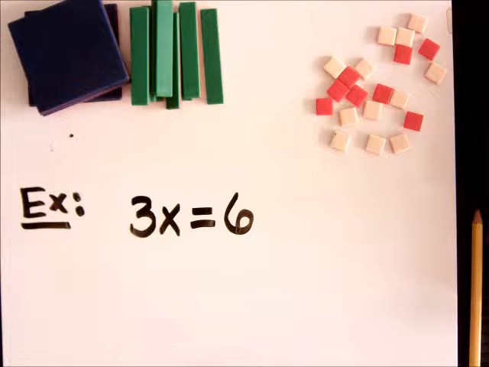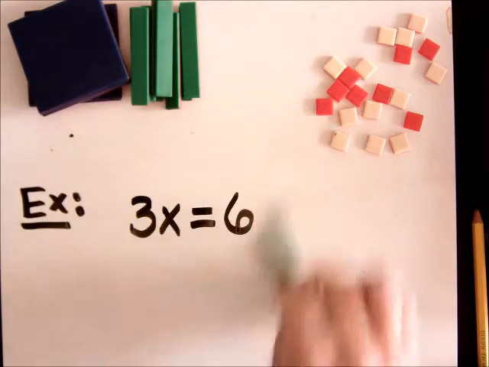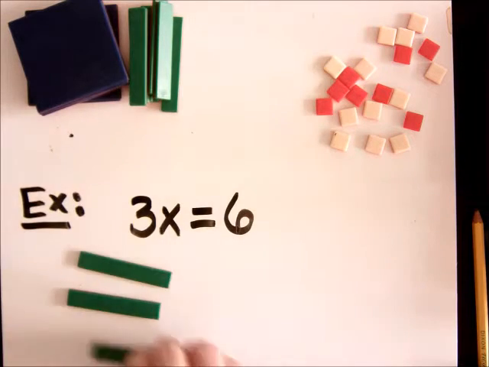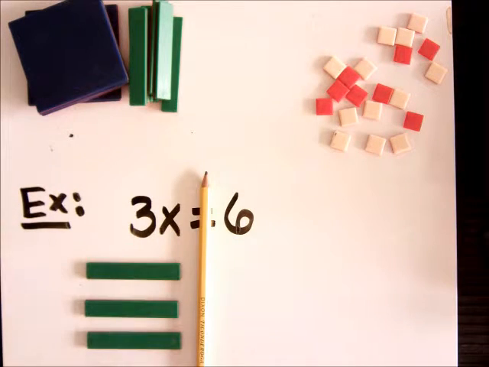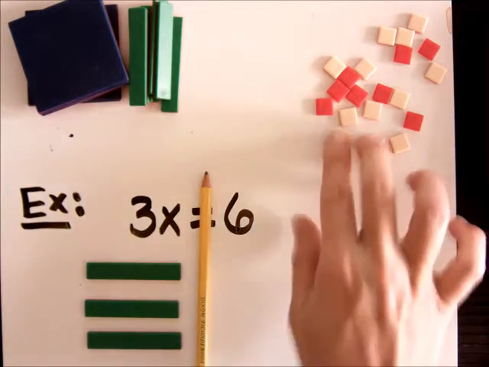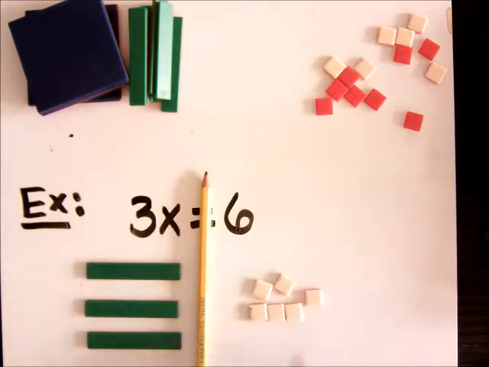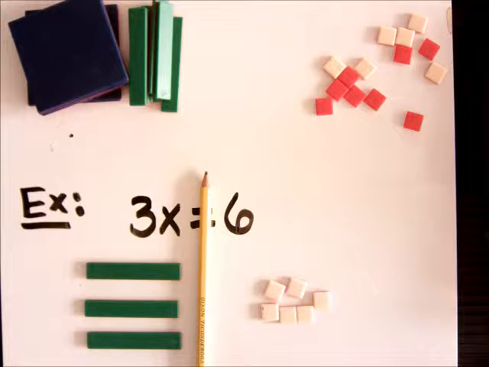Excellent. That's how many x's we're going to pull out. What color are we going to pull out? White. 1, 2, 3. Notice how I'm pulling them out like this? 1, 2, 3, 4, 5, 6. Now, what I'm going to do with these 6 is I'm going to line them up.